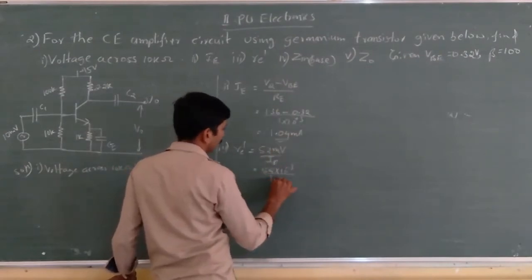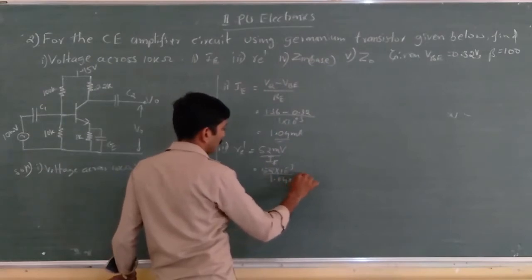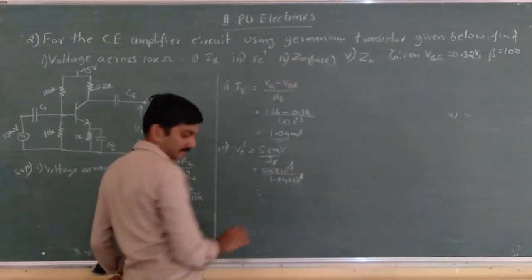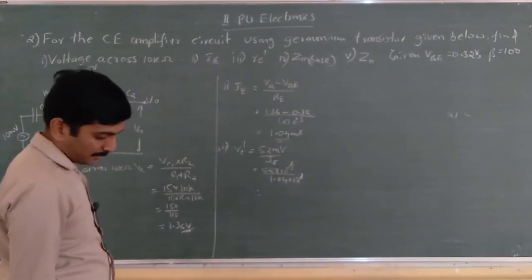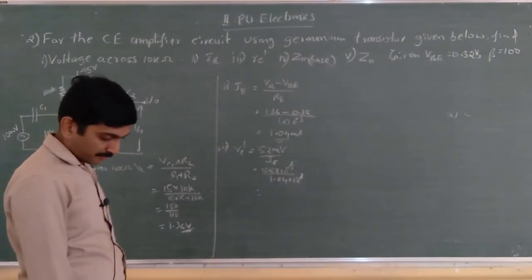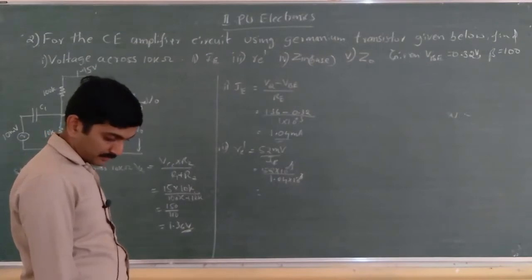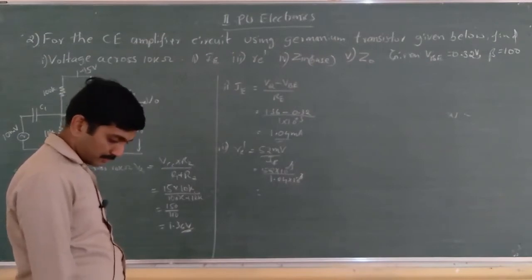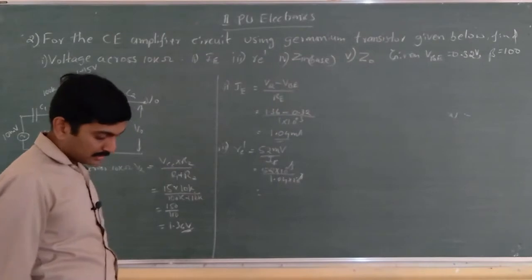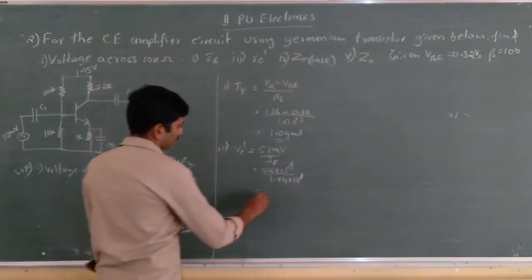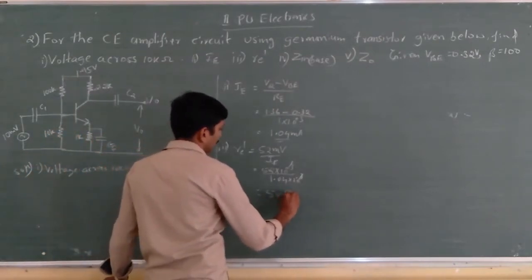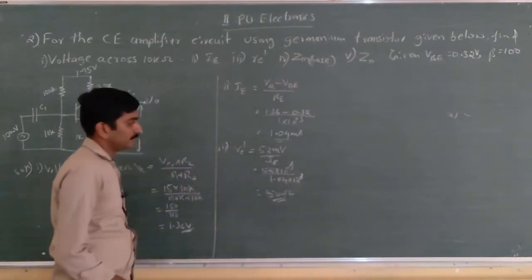IE is 1.04 milli. So, both 10 to the power minus 3 cancel. 52 divided by 1.04 equal to 50 ohm. RE dash is 50 ohms.